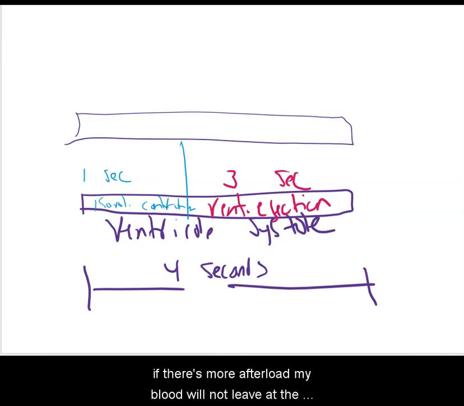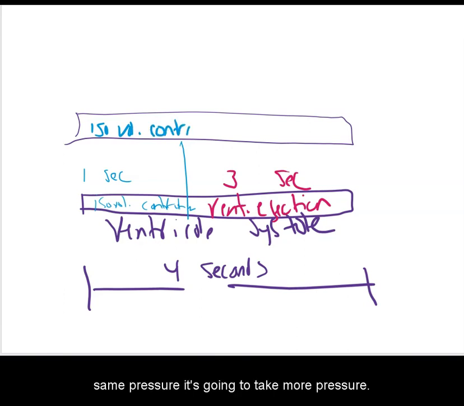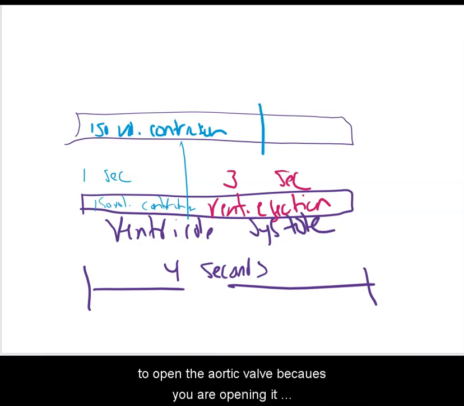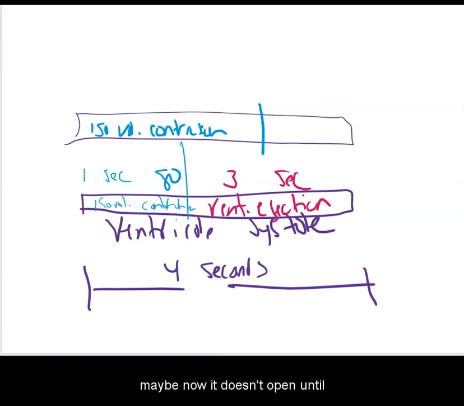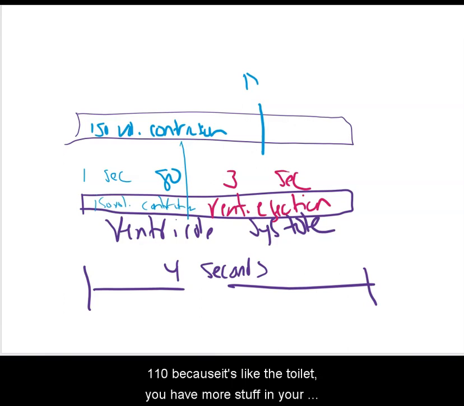Well, if there's more afterload, my blood will not leave at the same pressure. It's going to take more pressure to open the aortic valve because you're opening it against force, right? Remember over here, it opened at 80. Maybe now it doesn't open until 110 because it's like the toilet. You have more stuff in your pipes.